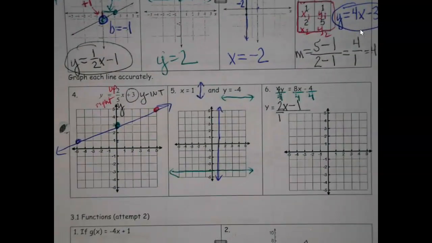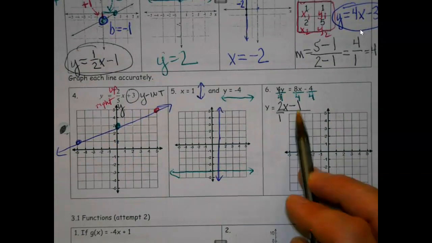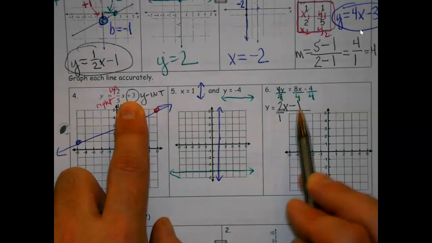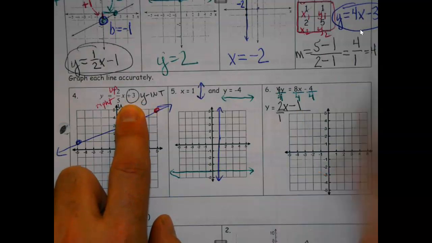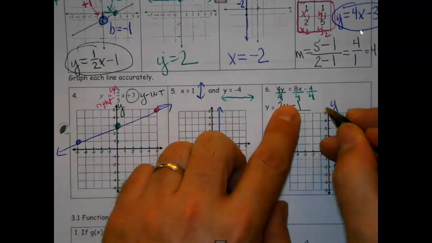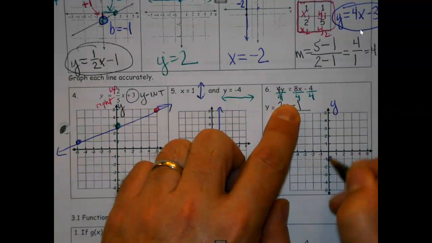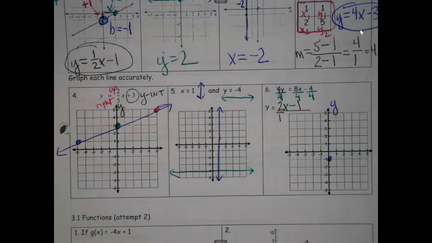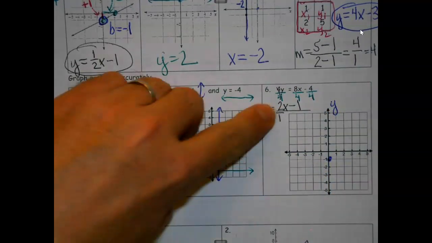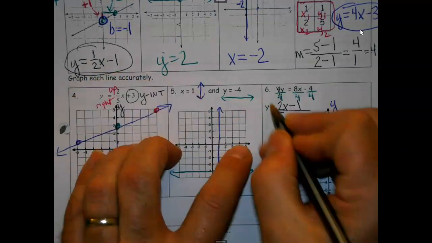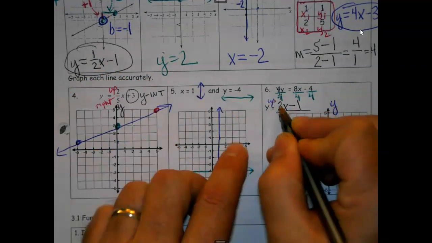Slide back over here for a sec. So again, that number on the end is your y-intercept. So I'm going to go on my y-axis. I'm going to go to -1. Give me a dot. Then I'm going to do my slope. Positive, I'm going to go up 2.